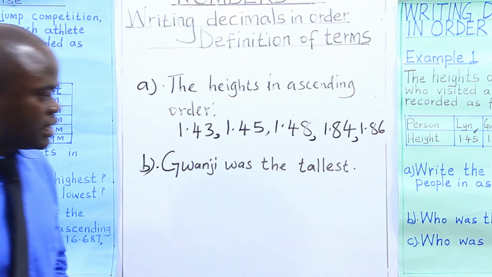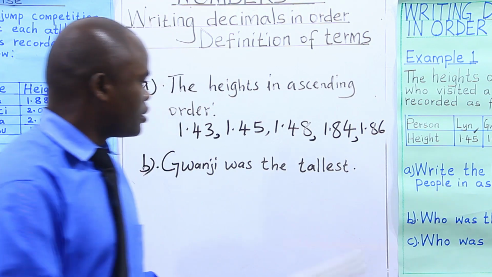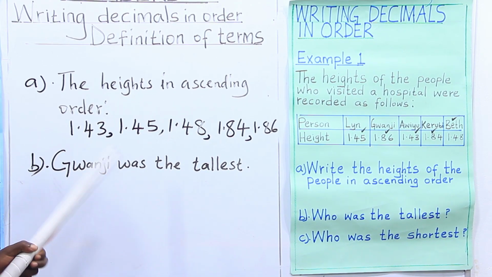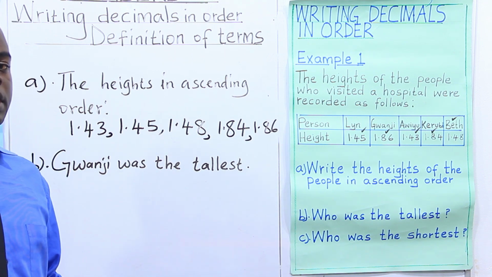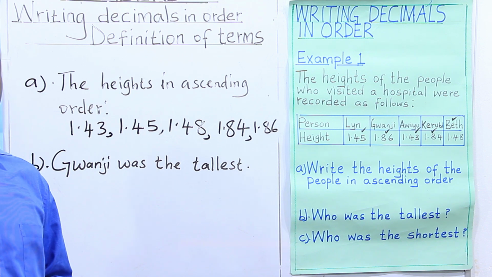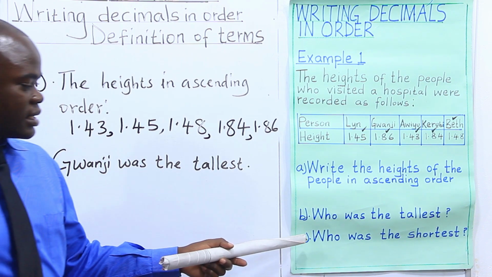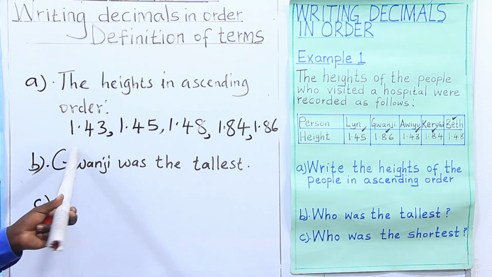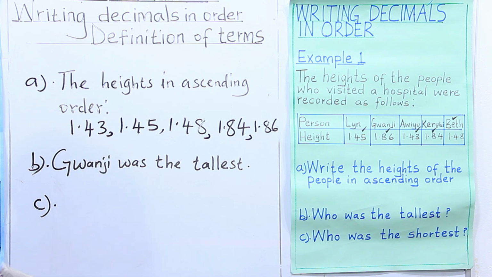And then finally we have C, who was the shortest? The shortest, you'll also get the answer from the first question, because we had already arranged the decimals in ascending order, that is from the smallest to the largest. In this case, it is from the shortest to tallest.